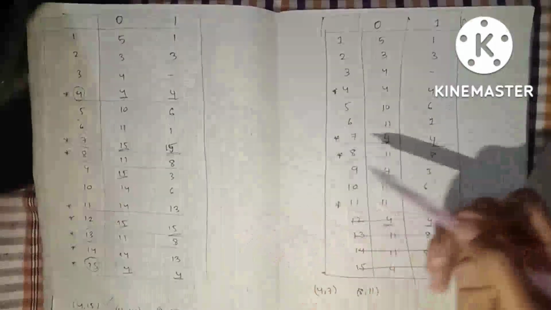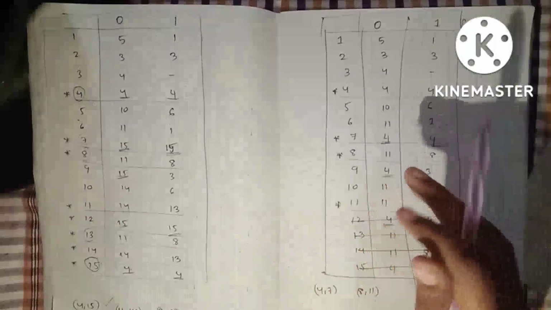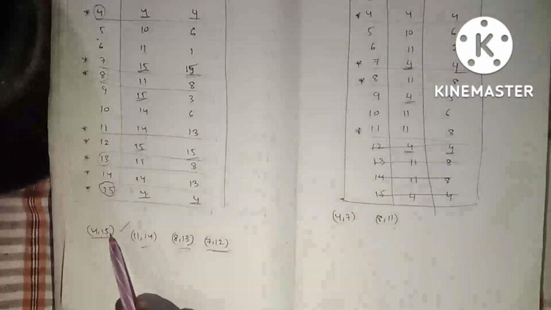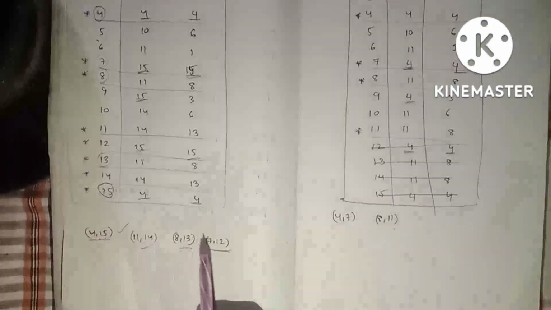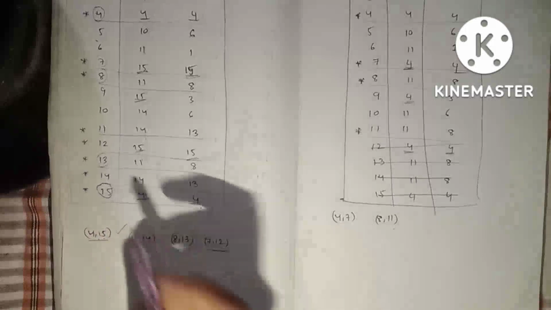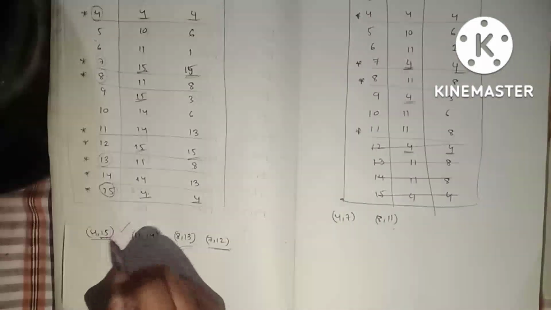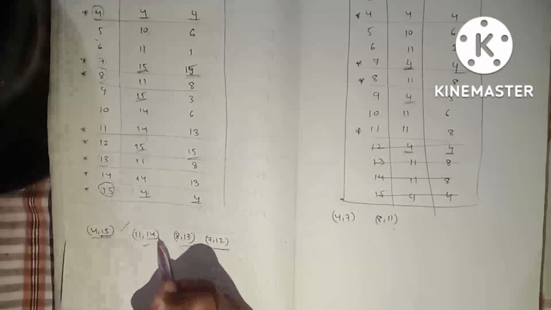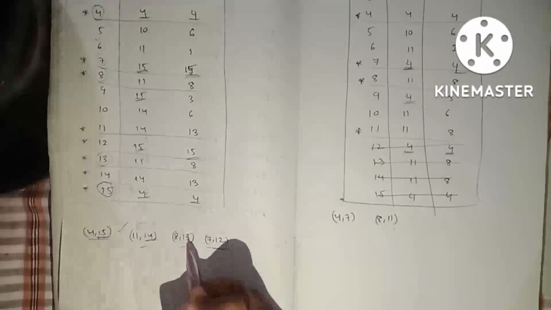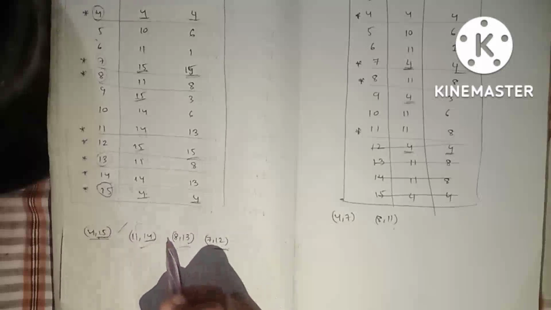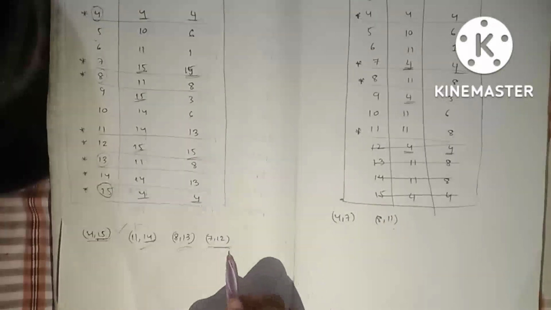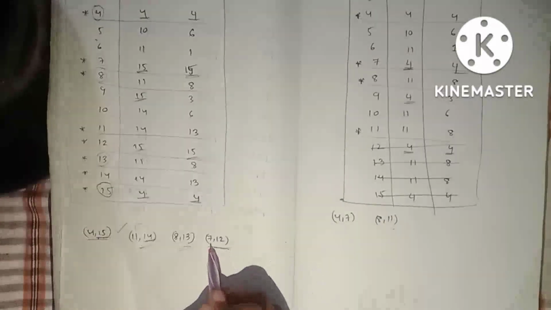Now just observe what we have done. 4, 15, 11, 8, 7, 12. That means wherever we find 15, let us replace it with 4. Wherever we find 14, let us replace it with 11. Wherever we find 13, let us replace it with 8. Wherever we find 12, let us replace it with 7.